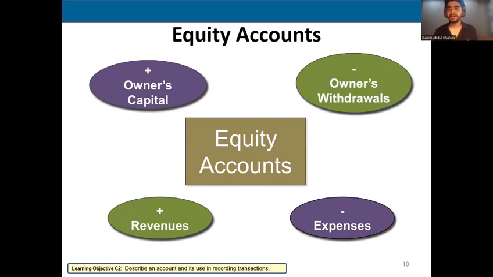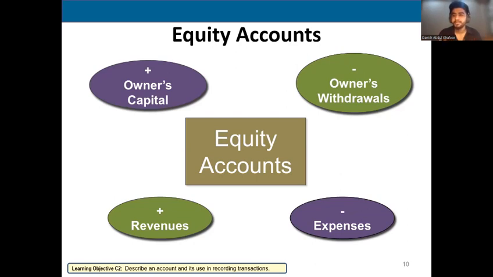If the owner is taking money out of his business, withdrawing any asset or cash, that will reduce the equity. Then revenues and expenses. The difference of revenues and expenses goes to the equity account in terms of retained earnings. Later on, I will tell you what retained earnings is.